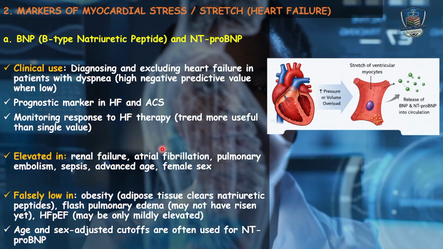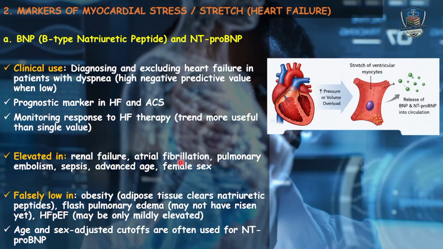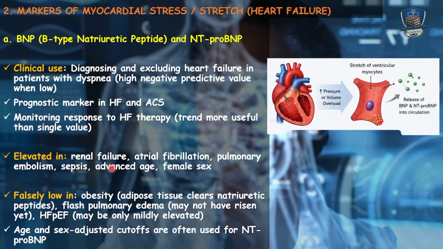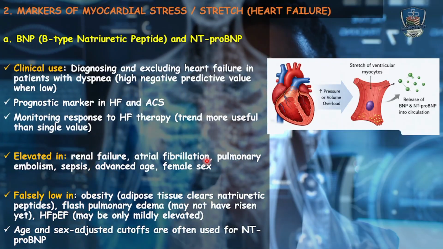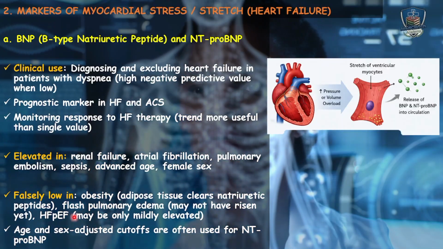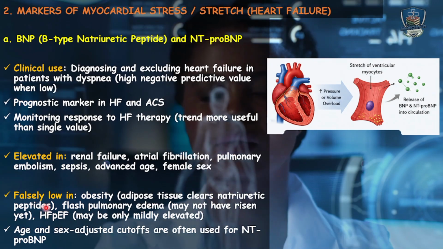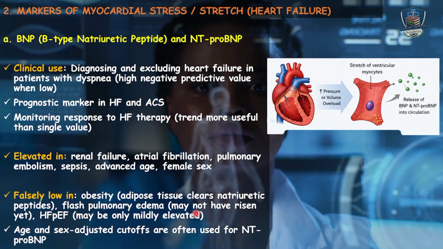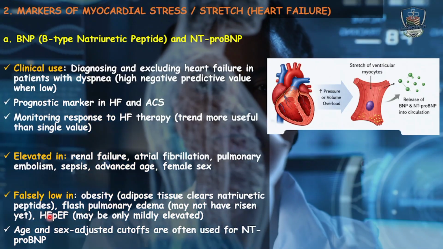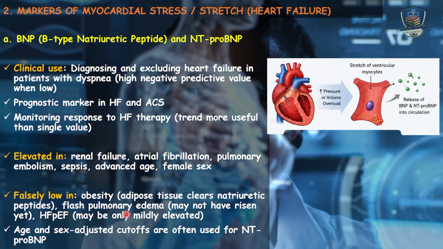They can also be elevated in renal failure, AFib, pulmonary embolism, sepsis, advanced age, or even female sex. They can be low in obesity because adipose tissue clears natriuretic peptides. Flash pulmonary edema may not have shown a rise yet, and they can also be low in heart failure with reduced ejection fraction.